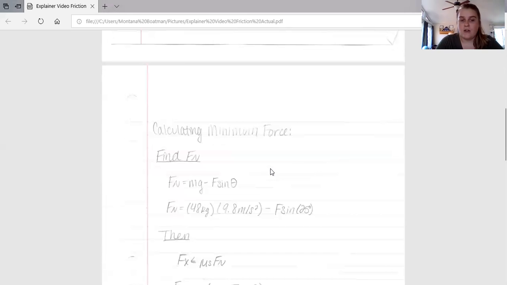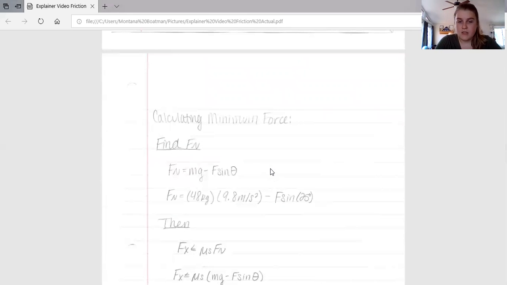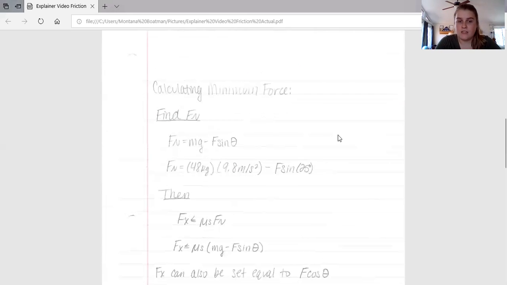So first, when you're calculating the minimum force, you are going to need to find normal force. The normal force is going to be equal to the mass times G, minus the force needed times the sine of theta. So I just plug that in. We're not actually going to fully solve the problem today.